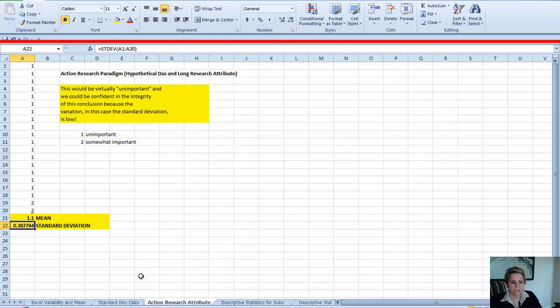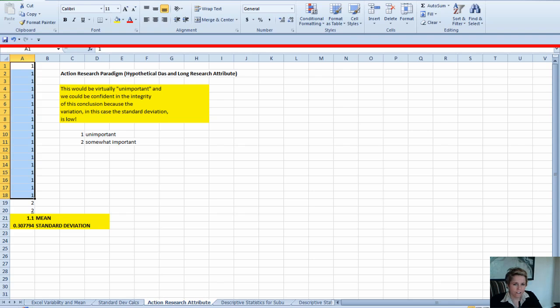There's not very much of a standard deviation here because pretty much everybody labeled it as a 1. Only 2 people out of 20 gave it any kind of variation or dispersion in the data, and it was not that much. So we could be confident in this if we did statistical analysis, just using these 2 statistics. Frankly, I find it very cool, and I hope you do too.